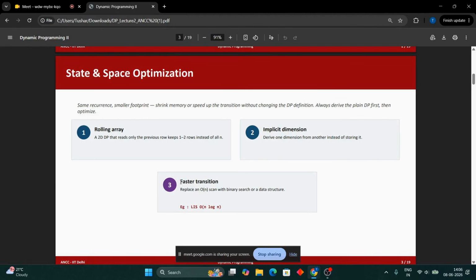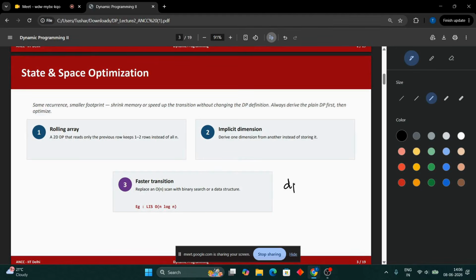We'll also see that in some cases it might not be possible to reduce the state, but we can speed up our transitions. For example, if our DP i is of the form max or min over DP j for j less than i, then we can maintain this using some prefix max or prefix min, or we can do some range query kind of stuff.